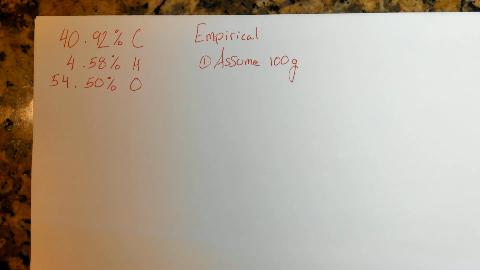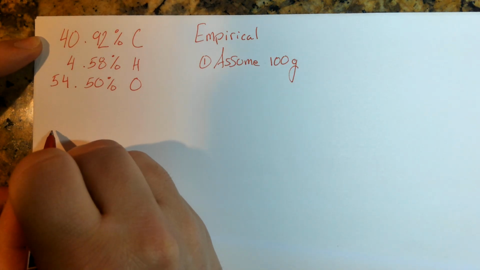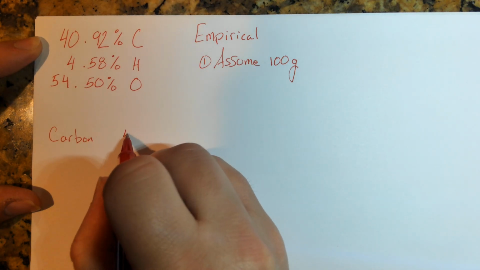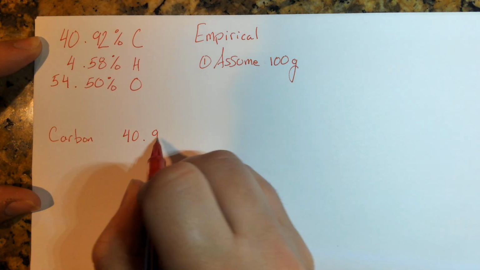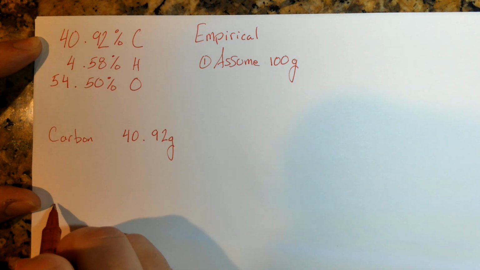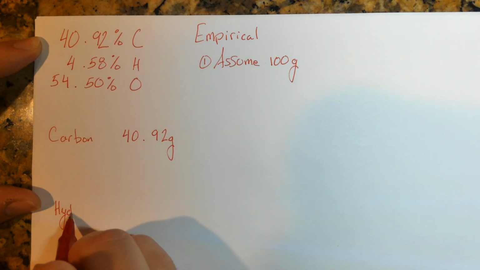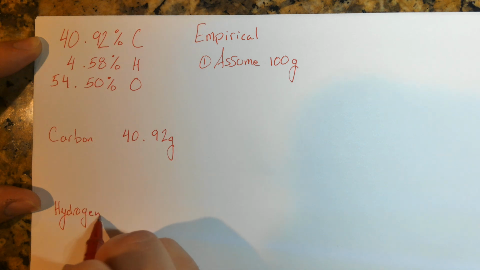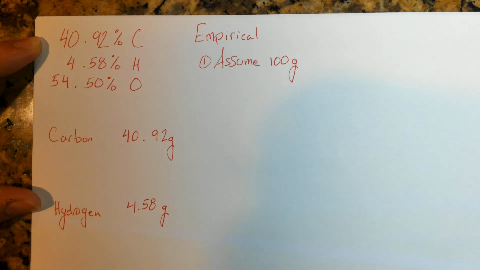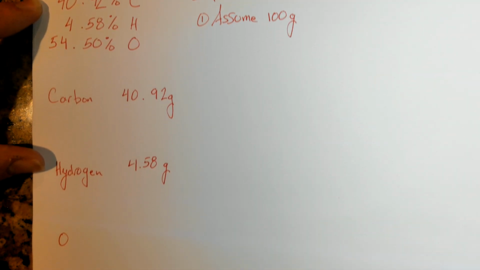If we have 100 grams of sample, how many grams of carbon do I have? Well, I'll have 40.92 grams of carbon. And how much hydrogen? 4.58 grams of hydrogen. And oxygen?